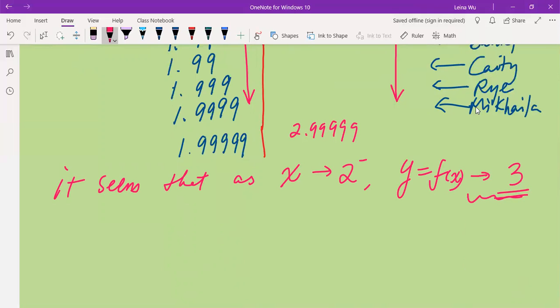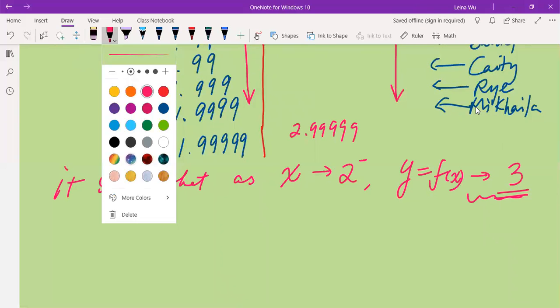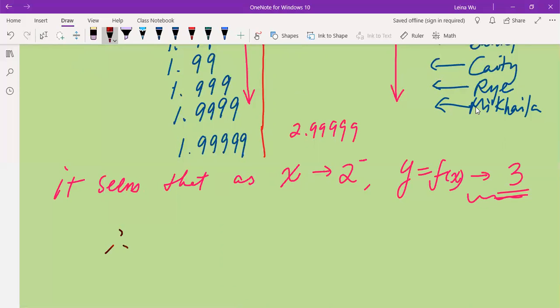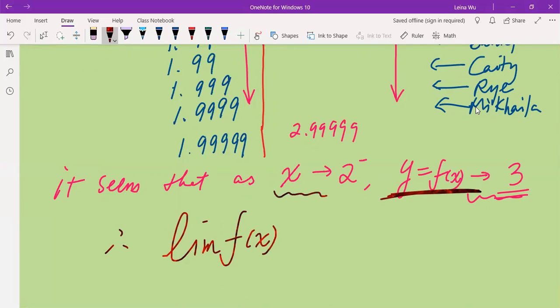So we can actually use a mathematical notation for this. What we can do right here is we can say the limit of this function when x is approaching 2 from the left is equal to 3.